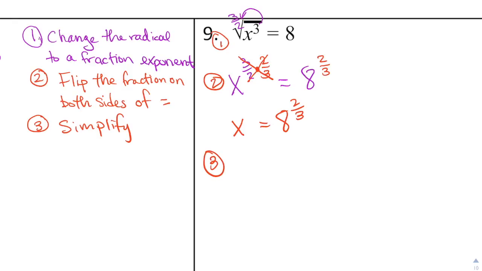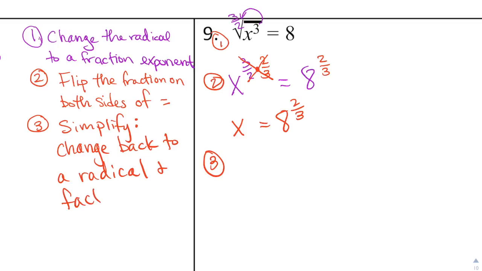So in this case, simplifying means changing it back to a radical and doing a factor tree. So if it's an easy one, we just simplify it. Or we're going to change it back to a radical and do a factor tree.